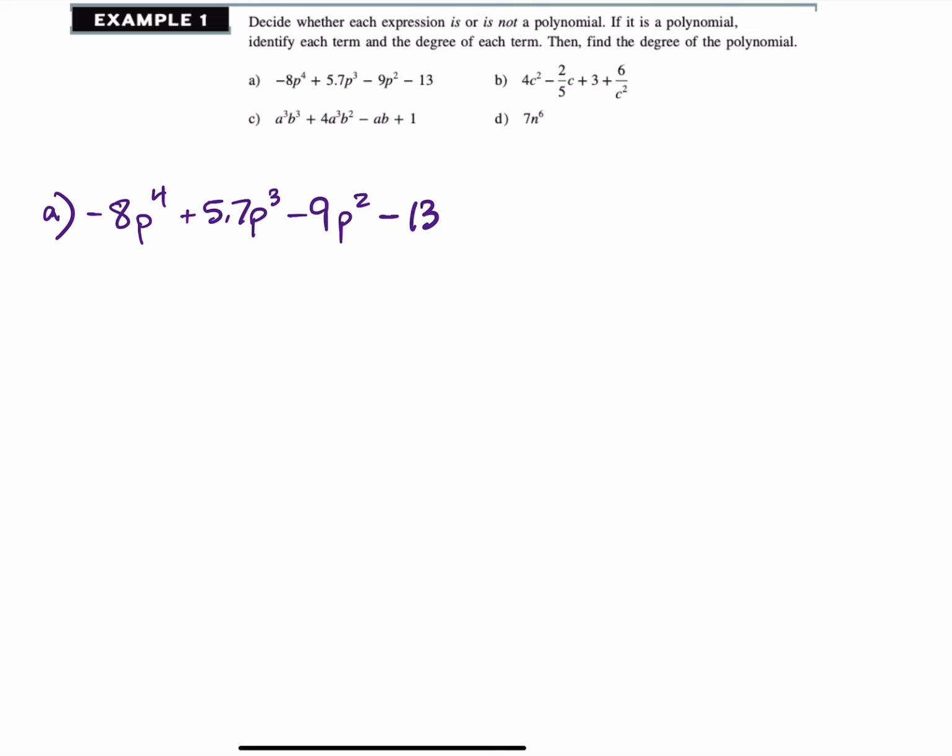For it to not be a polynomial, I would just need to see some negative exponents, or maybe an imaginary number in front of our variable. We can have a negative coefficient or a fraction or a decimal, that's okay. And we don't have any negative powers, so I would say this one is a polynomial.